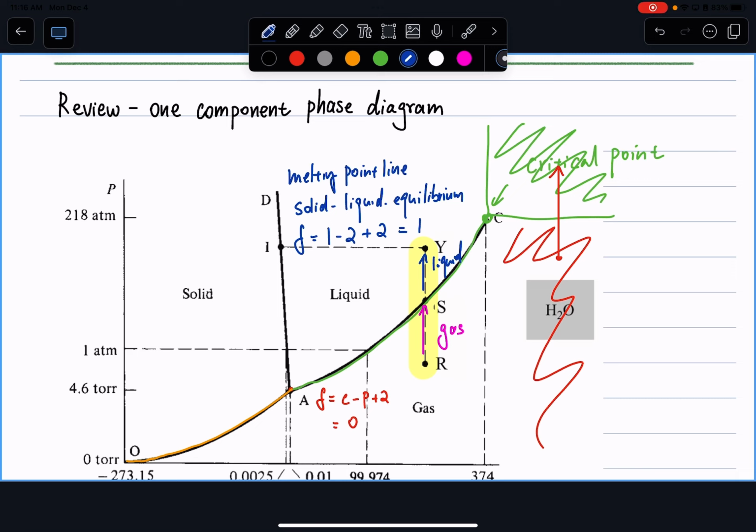Because we're talking about liquid, we can roughly say volume is not changing with respect to pressure. It's an approximation, but it is a reasonable approximation we're making to plot that figure.